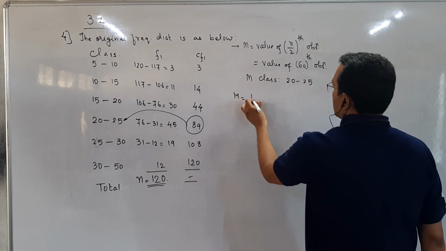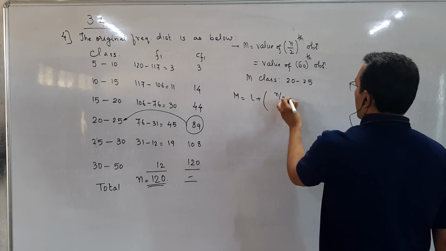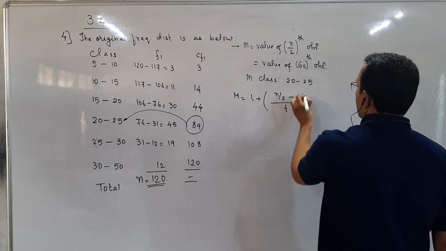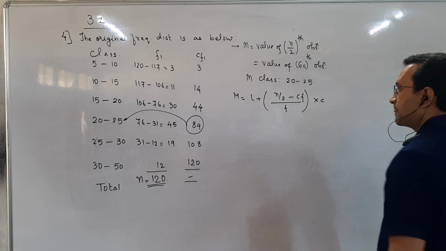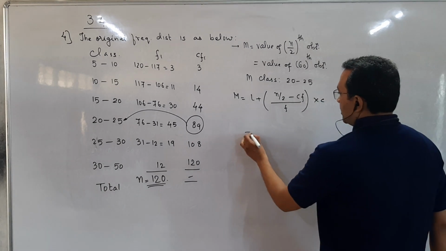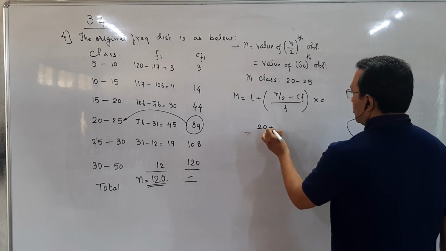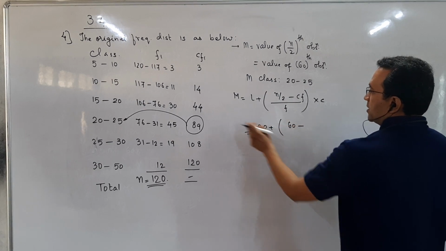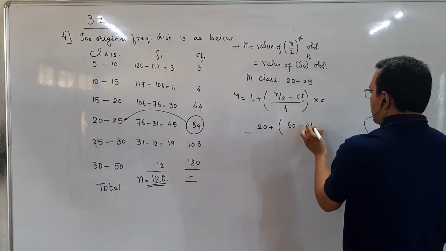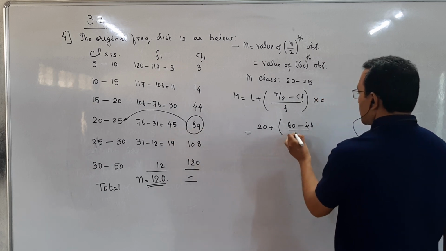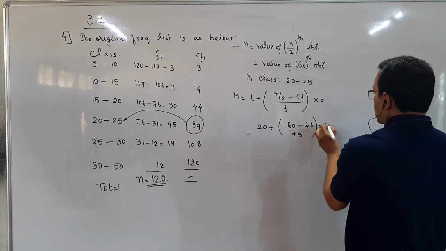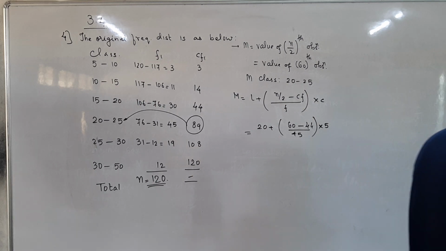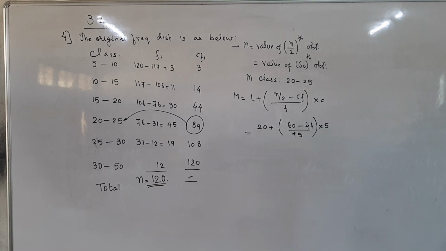Now median M is equal to L plus n by 2 minus CF upon F into C. L is the lower boundary point, again exclusive, no need to find boundary points. 20 plus 60 minus CF of the above class, 44, frequency of the same class, 45, and class length is 5. So simplify, students will get the answer as 26.84 thousand rupees.